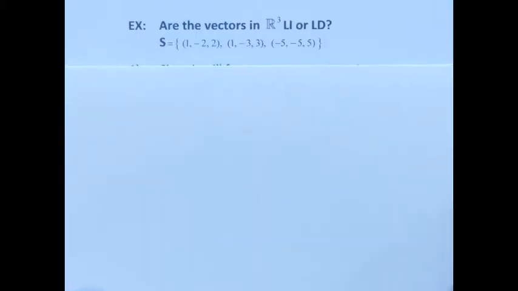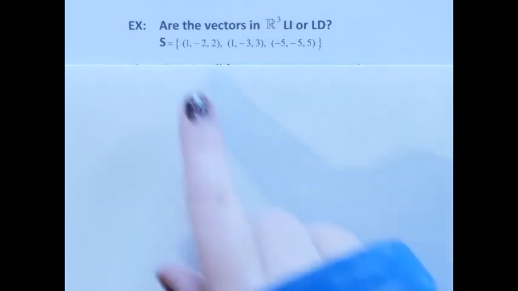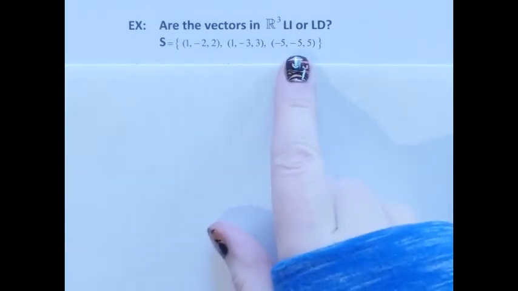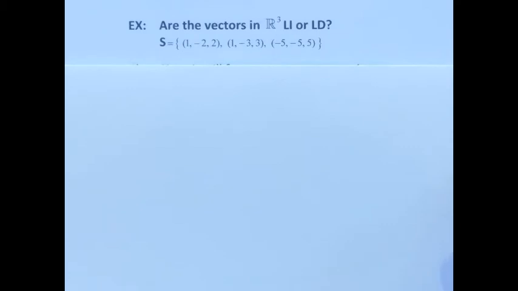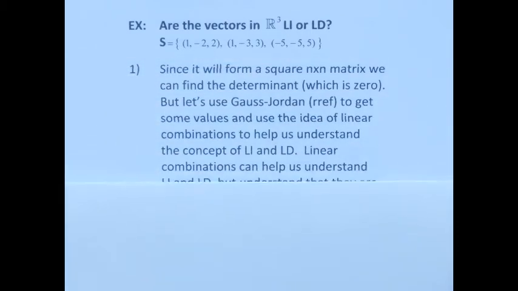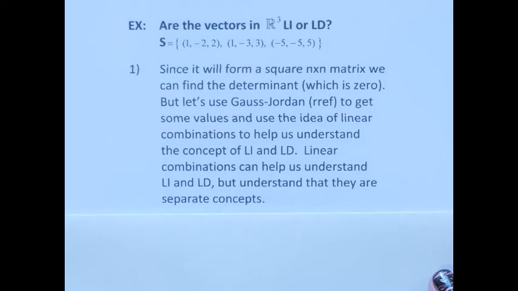We're going to do a few examples to explain linearly independent and linearly dependent, not graphing. We are given the set S, which contains these vectors right here. And we want to know, are these vectors in set S in R3 linearly independent or linearly dependent? Since it will form a square n by n matrix, we can find the determinant, and I will let you know it's 0.